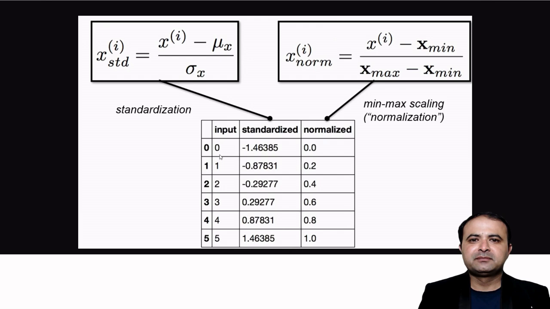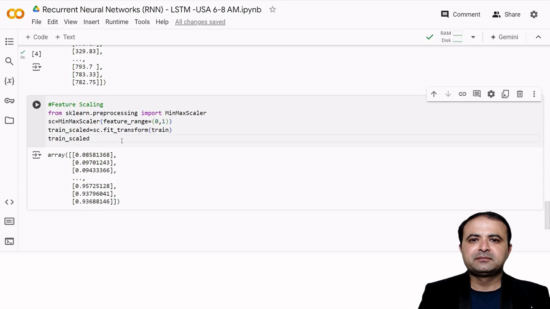We input the data, and standardization gives the data in this scenario, and normalization shows the data in this manner. So standardization is performed by this one, and normalization is performed by this one. This is the internal logic behind it.